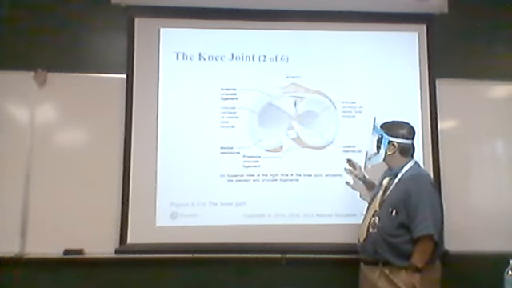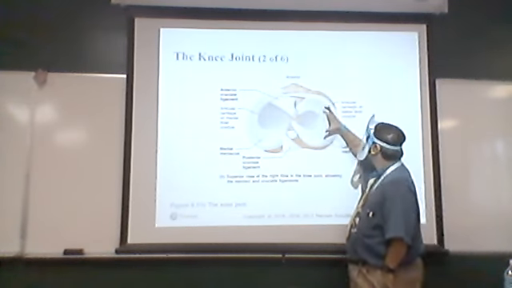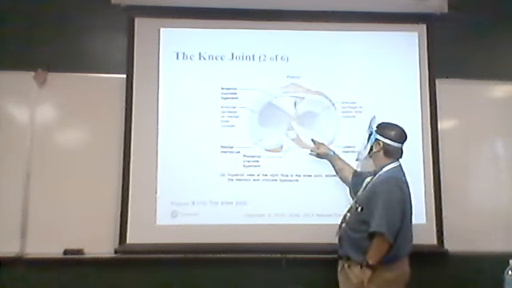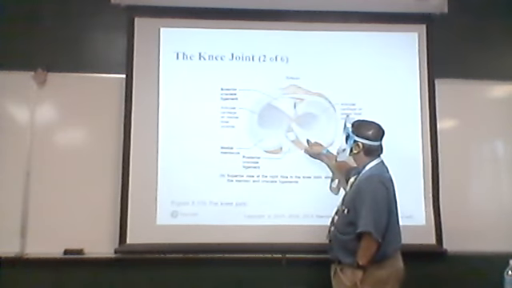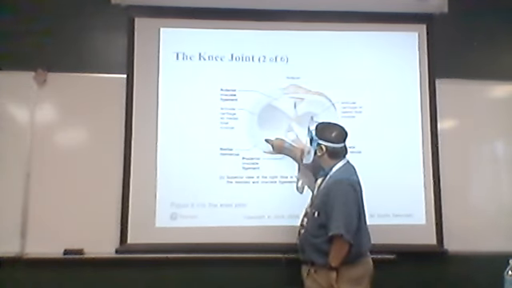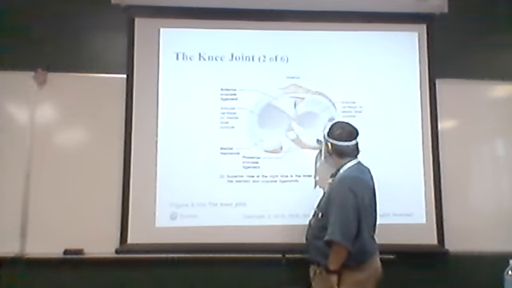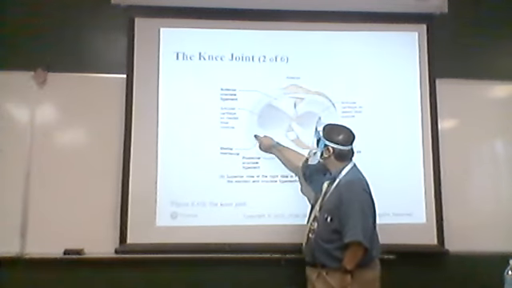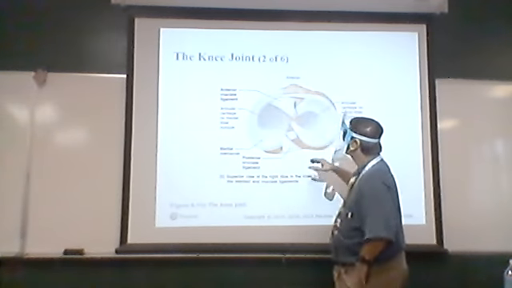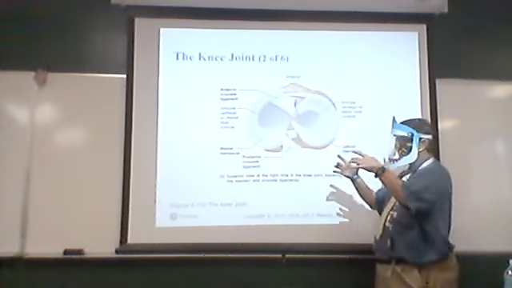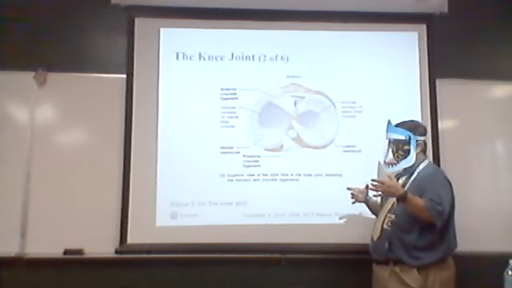All right. Now, the meniscus, right here and right there, with the articular cartilage below. You've heard people talk about blowing out a meniscus. We're talking tough fibrocartilage.